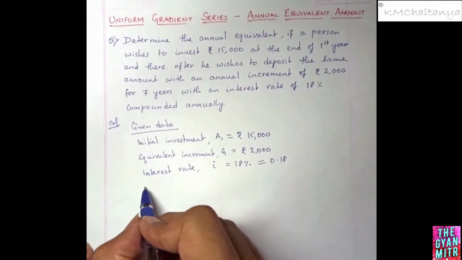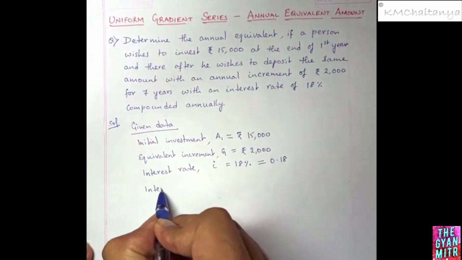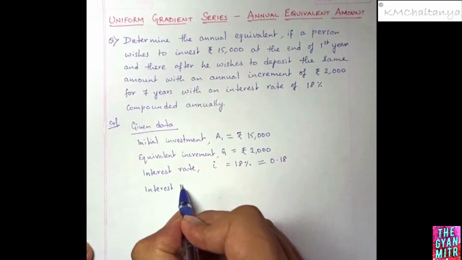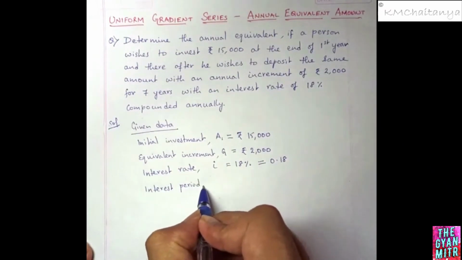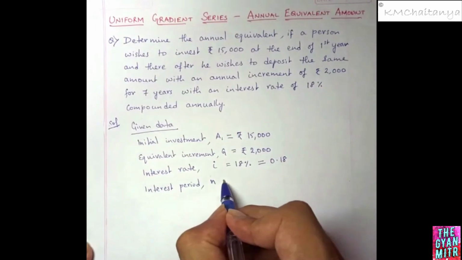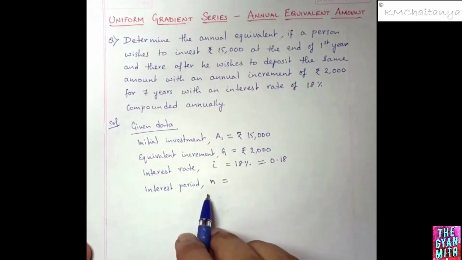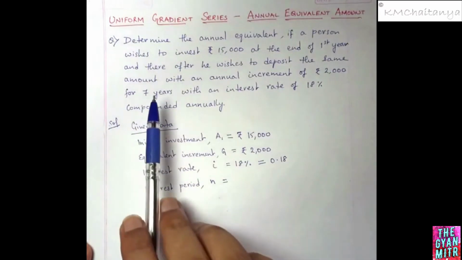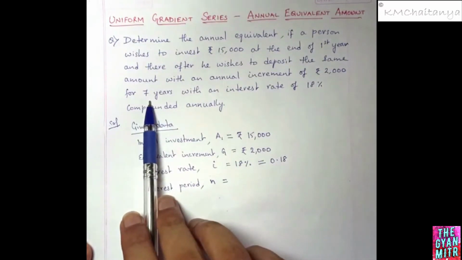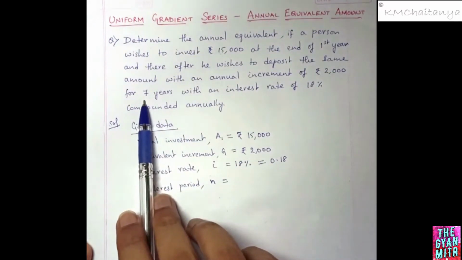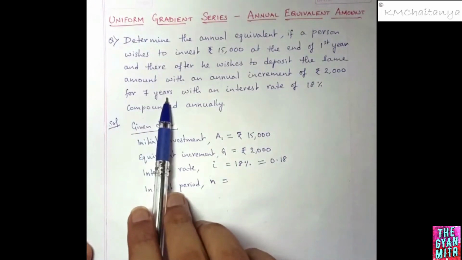Now interest period n, which is equal to. Now we are supposed to be careful. What is the value of interest period? Now there is a lot of confusion with respect to taking interest period as 7 years.